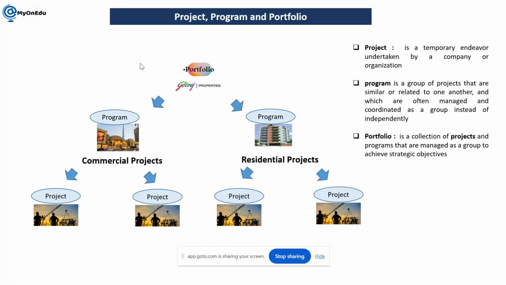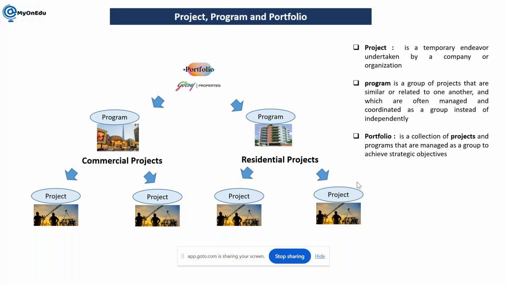So we are keeping similar types of projects at one place. Portfolio is basically a collection of projects and programs that are managed as a group to achieve strategic objectives. So we keep similar projects and programs at one place to achieve the objectives of the organization.